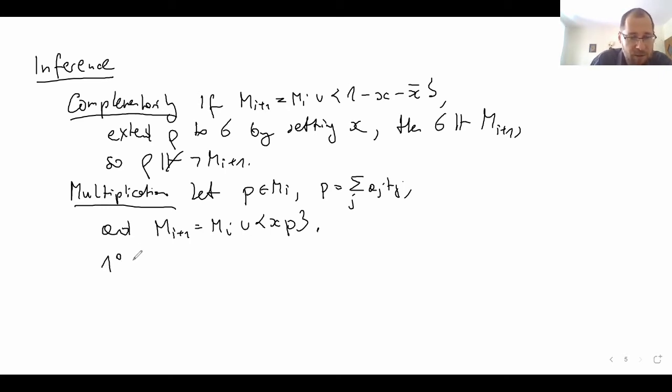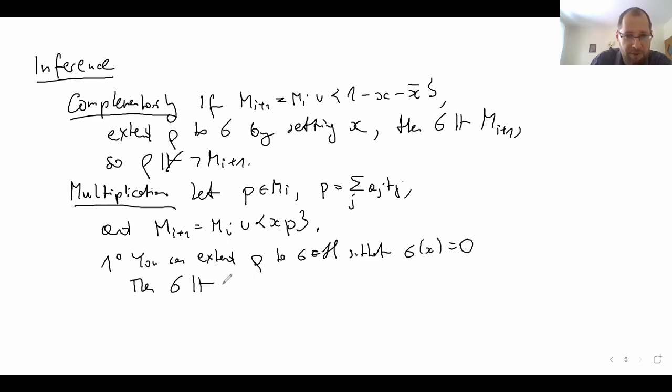First case is you can extend rho to sigma, within the duplicator family, which sets x to 0. Then clearly sigma forces everything in M_{i+1} to true, so rho doesn't force it to false. And the other case is that you can't. There is no way to set x to 0. Not case 1.